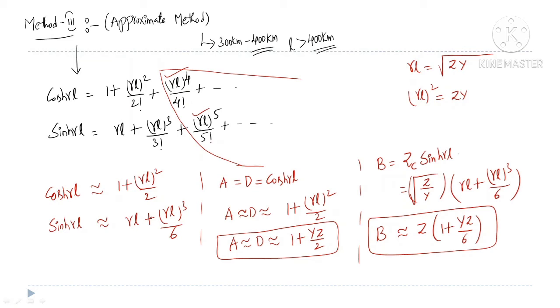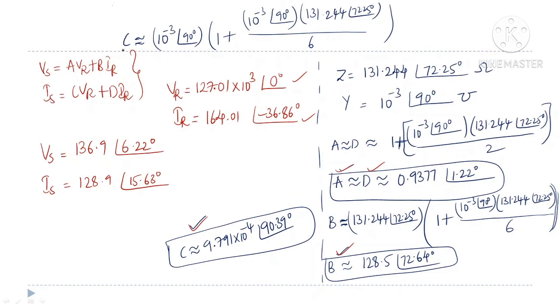Okay, in the approximate method we neglect the higher order terms and we consider the lower order terms up to 3, so that cosh gamma L value is this and sinh gamma L value is this. From these two values we will find A, B, D and C. After finding A, B, C, D, substituting them in these basic equations, you will get sending end voltage and sending end current.